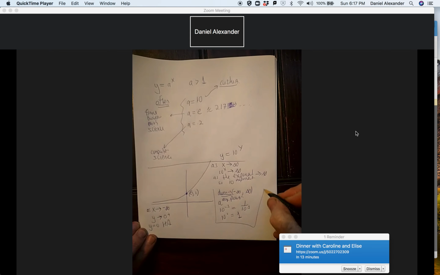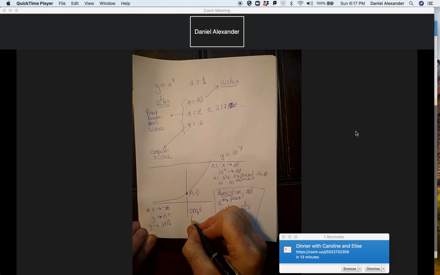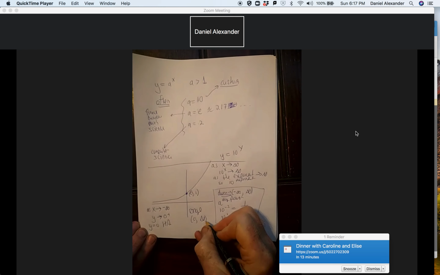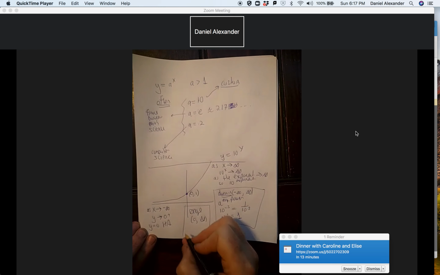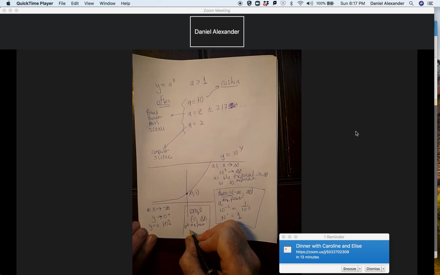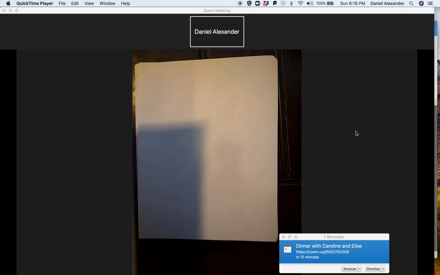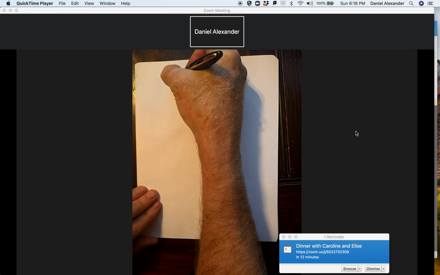That's what the domain tells us. And the range is not including 0, but 0 to infinity. What it tells you is that a to any power is positive.